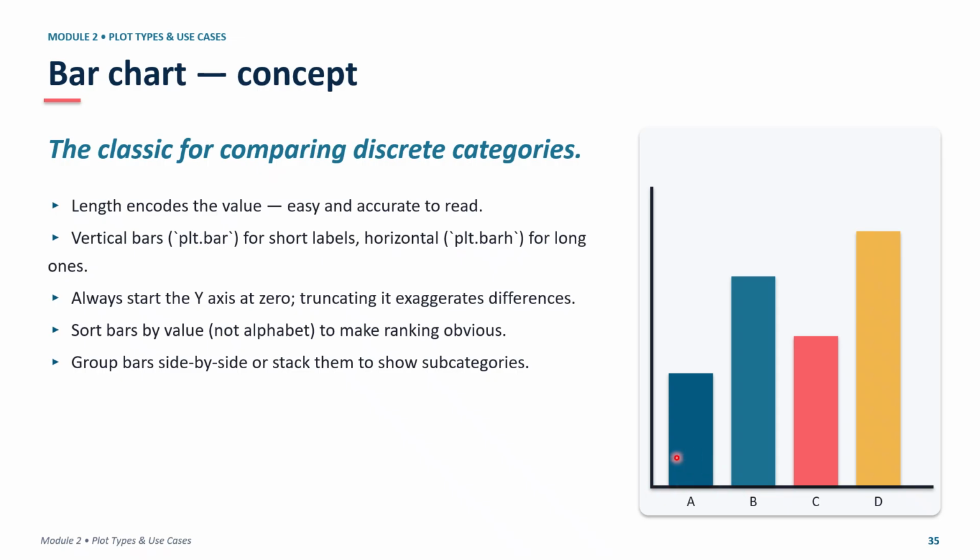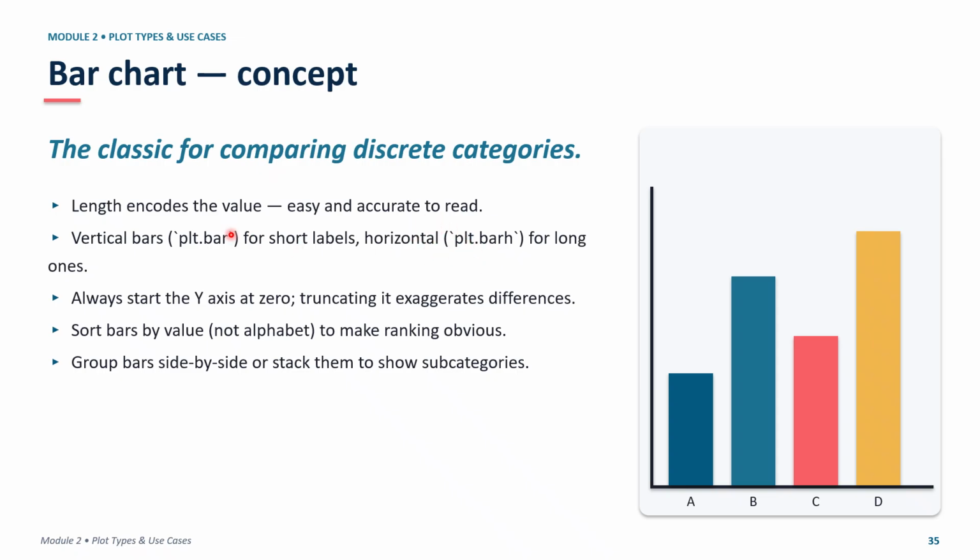The human eye is extremely good at judging relative length, making the bar chart very accurate for comparison. If you want to compare vertical versus horizontal bars, plt.bar will indicate vertical bars, and plt.barh, bar h, means a horizontal bar.